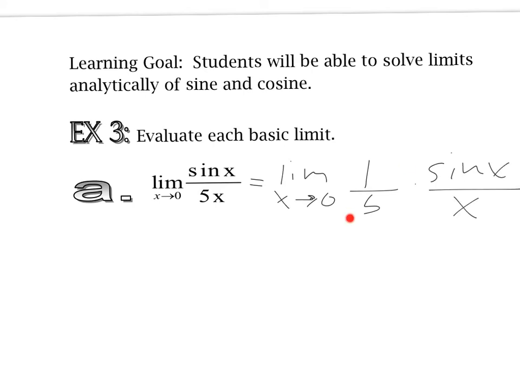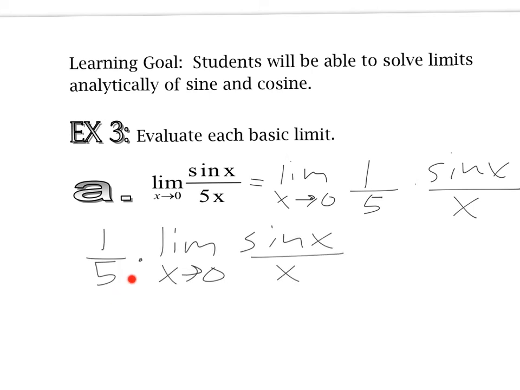And this 1/5 here, there's no x involved here. So this does not change as I approach 0. This is still just 1/5. So that means we can actually take this 1/5 and write it out in front. Let me show you what I mean. I can write this as 1/5 times the limit as x approaches 0 of sine x over x.